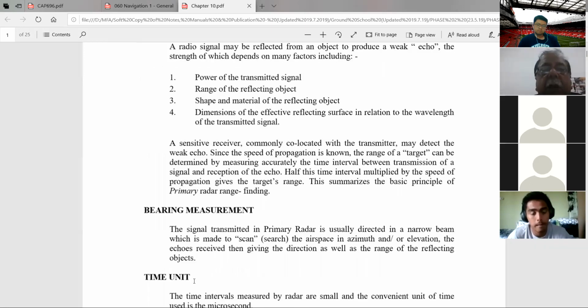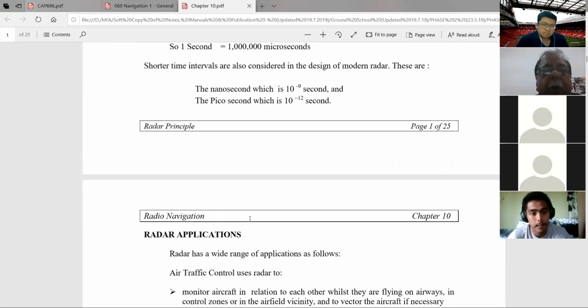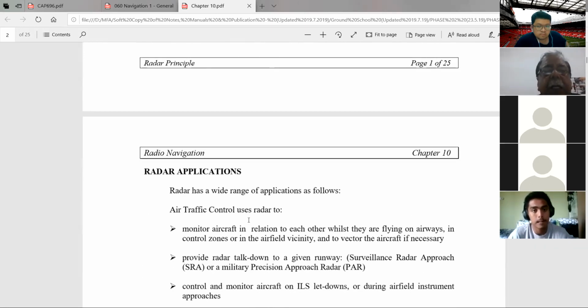Now we talk about timing. We talk about 1 second. As such, 1 second is too large a unit as far as radar principles are concerned. As such, we use a unit called the microsecond. 10 to the power of minus 6 is equal to 1 second. The radio wave will cover a distance of 300 meters in 1 microsecond.